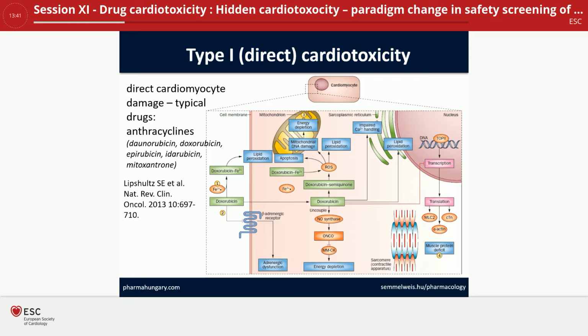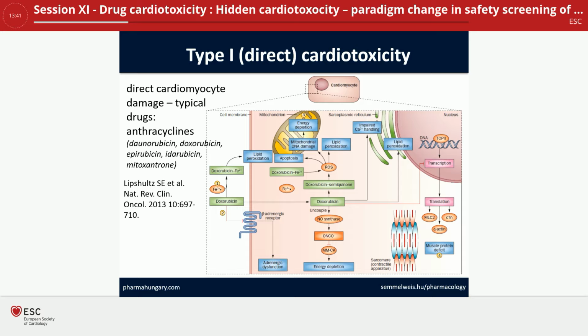So the mechanisms, of course, are some assumption. As you see, doxorubicin induces lipid peroxidation and some kind of oxidative stress, but I don't want to go into detail because Pietro will show some more data. I don't show original data here, only some reviews.